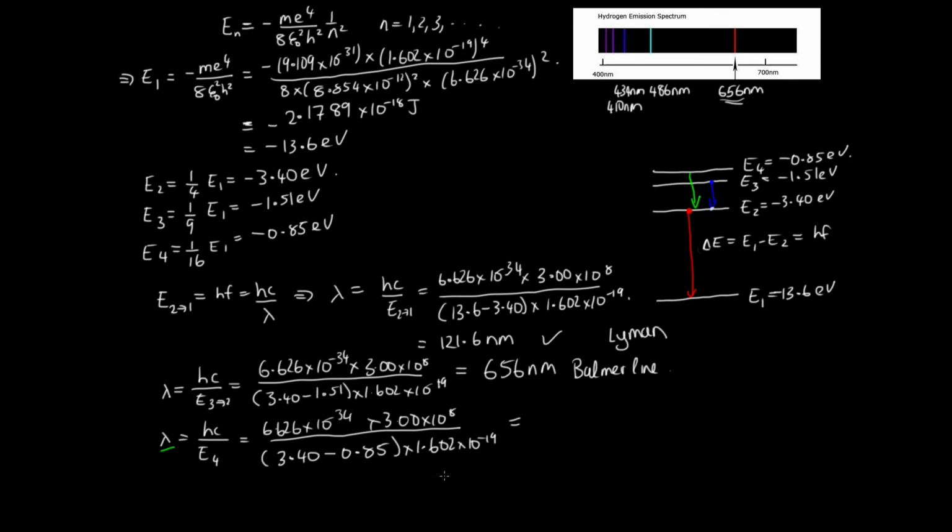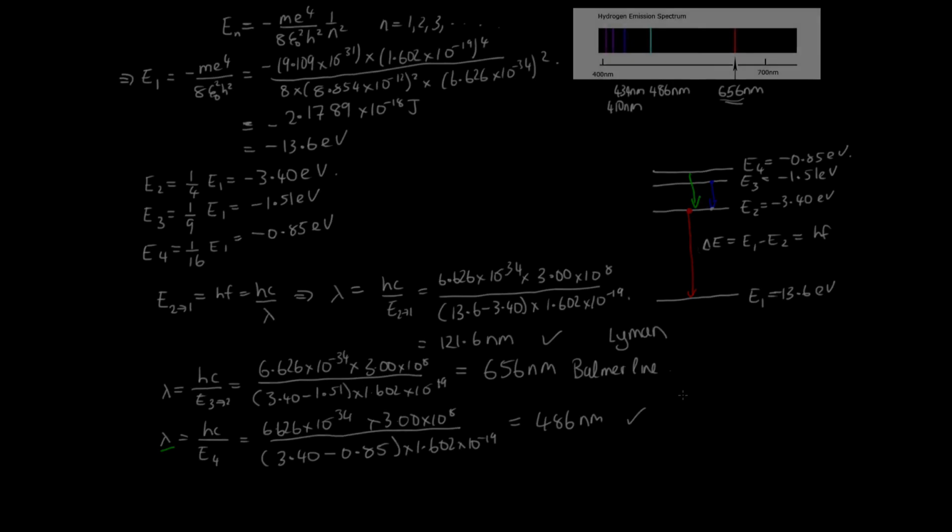When we put all that into the calculator, we end up with 486 nanometers, which is this second line here. This shows that Bohr's model of the atom gave very accurate predictions for where the lines in the hydrogen emission spectrum should be.